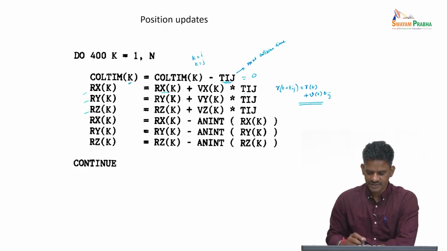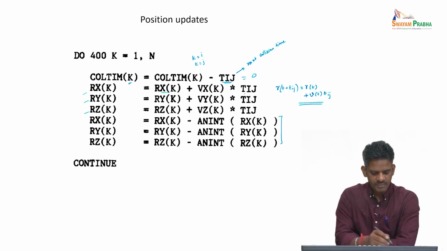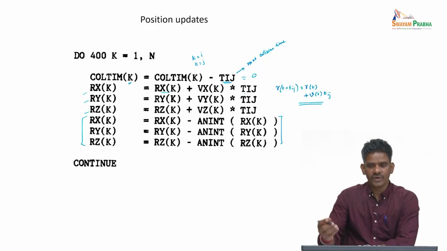This is done for all the particles, and then you can also apply the periodic boundary conditions, because by updating the particle positions, some particles might move out of the box, and we put them back into the box. So this allows us to update the particle positions.